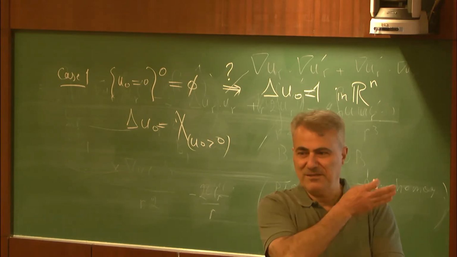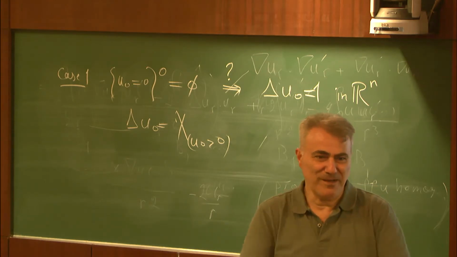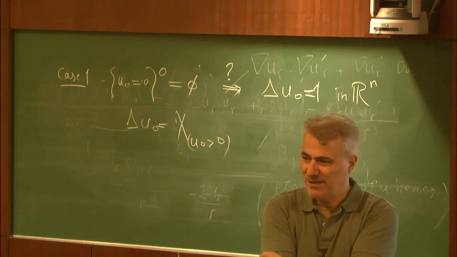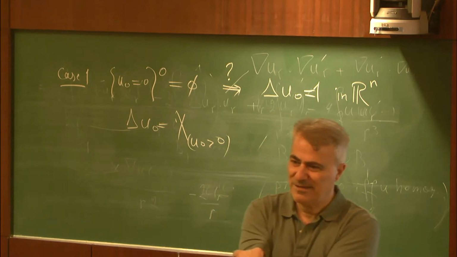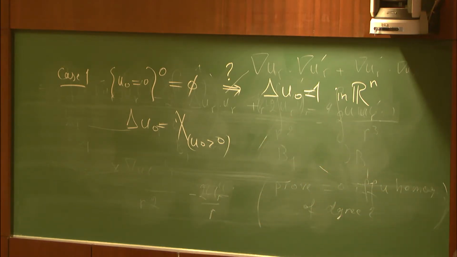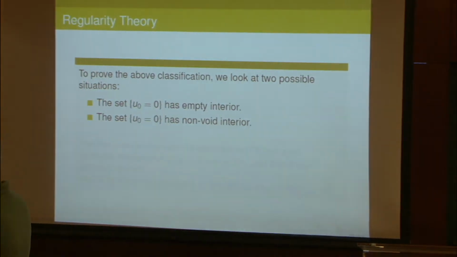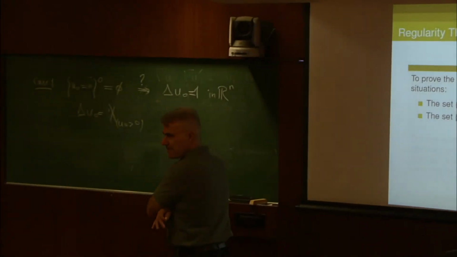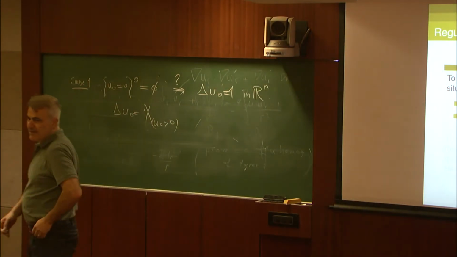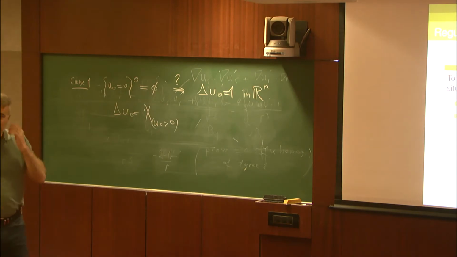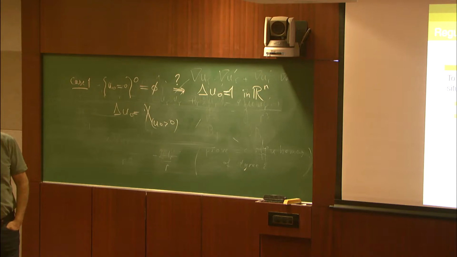Can I just take it out and say my Laplacian is 1 everywhere? Why can I do it? Do you remember that the free boundary has Lebesgue measure 0? See, now it has become important. The free boundary has Lebesgue measure 0.